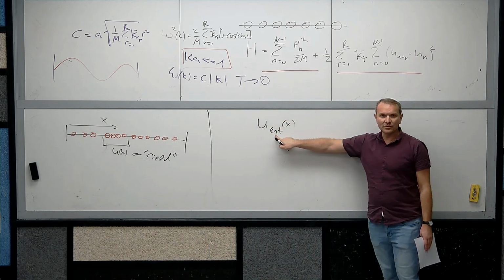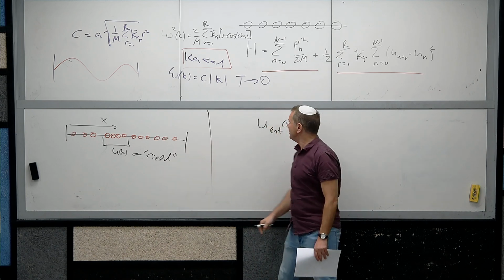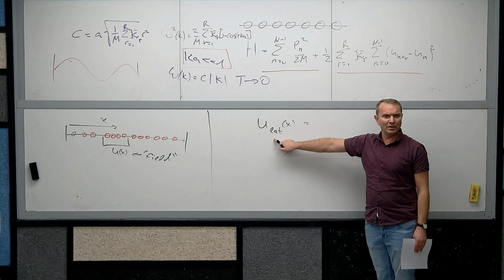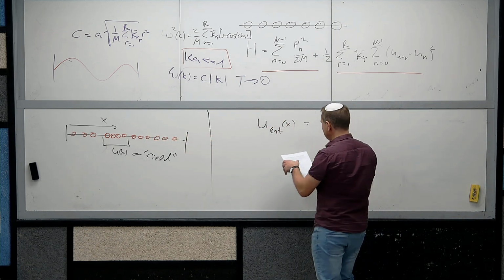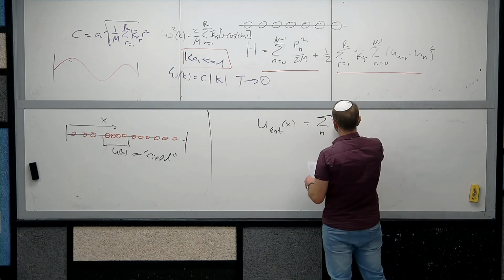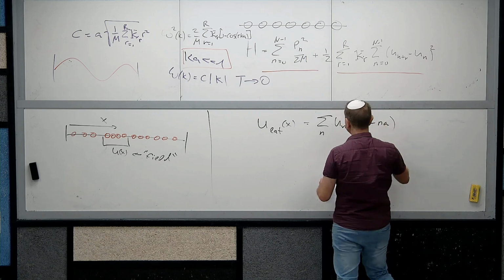So what is this? This is not the field that I'm talking about. This is simply describing all the different positions of my particles on my single line. So it is a sum over n, U of n, delta of x minus na.